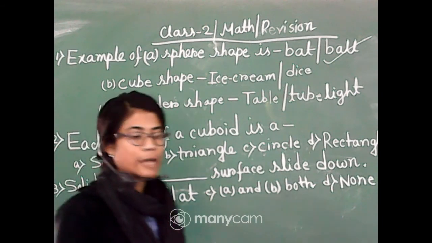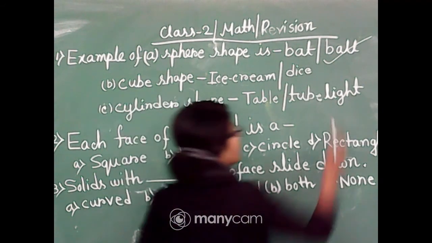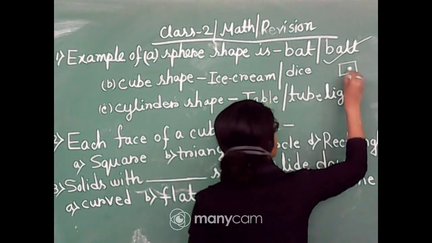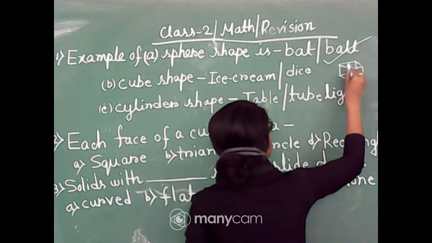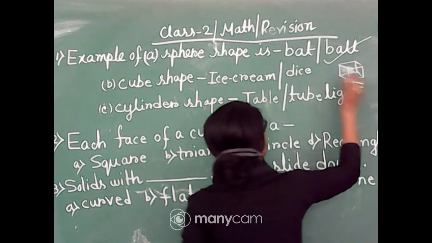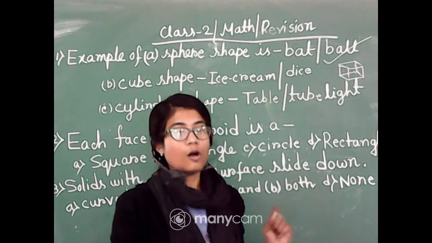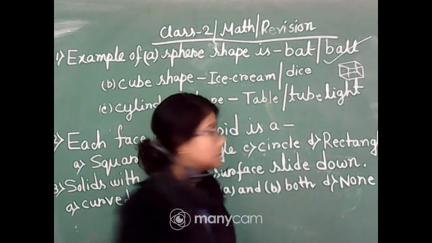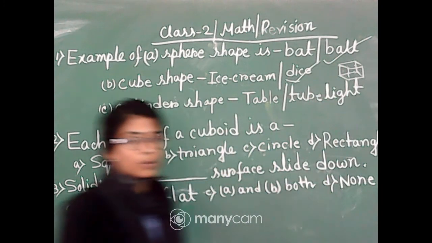Dice means ludo dice. We all know that the shape of a ludo dice is just like this, isn't it? Six numbers are there in this way. So ludo dice is a perfect example of a cube, isn't it? So we will choose the option dice, okay?